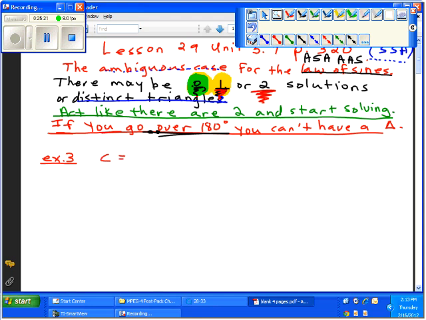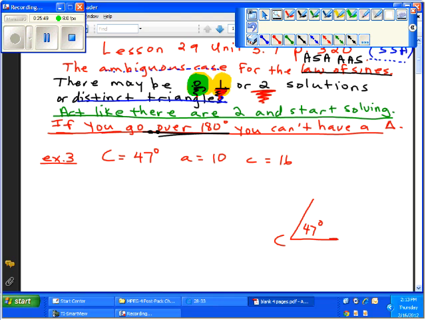Example 3, we're going to say, okay, C is 47 degrees. That's capital C. That's angle C is 47 degrees. We're going to have that a is 10. We're going to have that c is 16. All we know to do is to make C acute, 47 degrees.